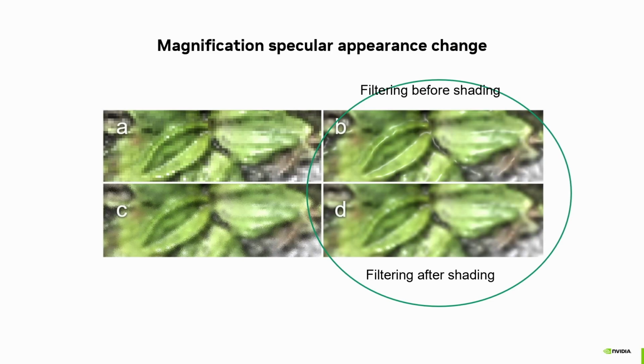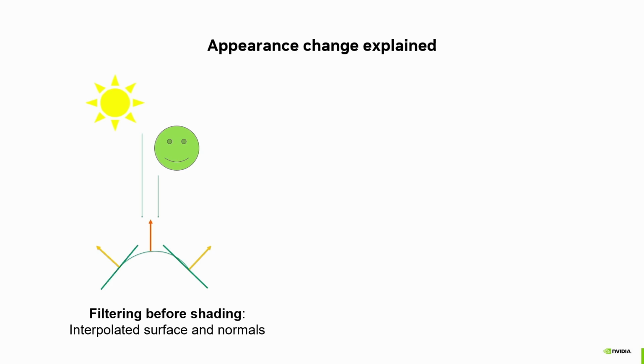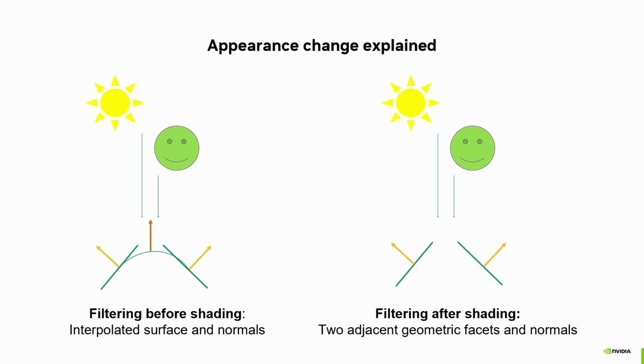And it's straightforward to understand: filtering before shading interpolates normals, interpolating the surface curvature, in this case producing this sharp specular peak in the interpolated region, while filtering after shading evaluates only the directions that were present in the normal map. And neither of them produces this very sharp specular peak, so you don't get it.